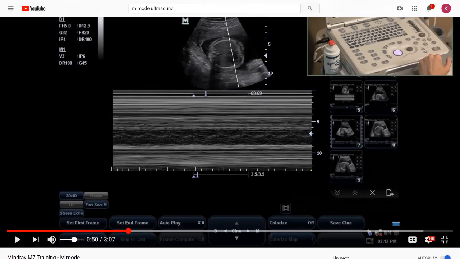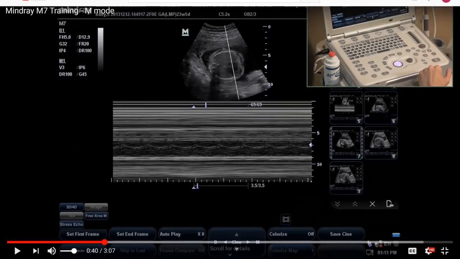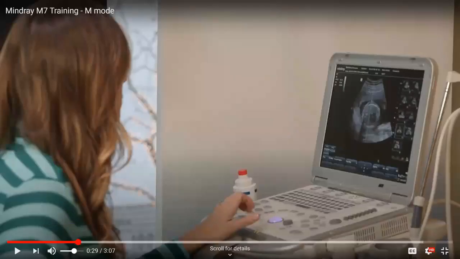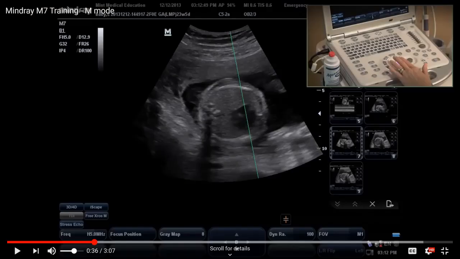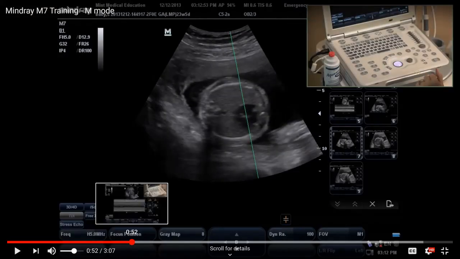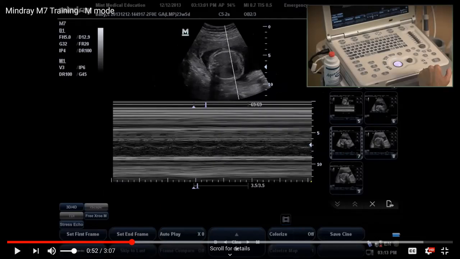As we're going through, this entire line from top to bottom is represented.